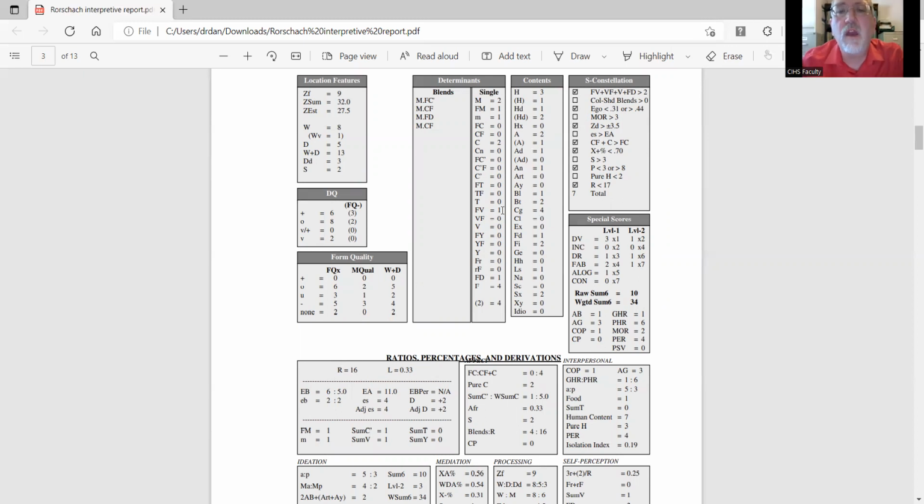So you've got FV is 1, VF is 0, so 1 plus 0, V is also 0, plus FD is 1. Now notice how this is marked. That's because this is supposed to be greater than or equal to 2, and we know it is, because it is equal to 2.